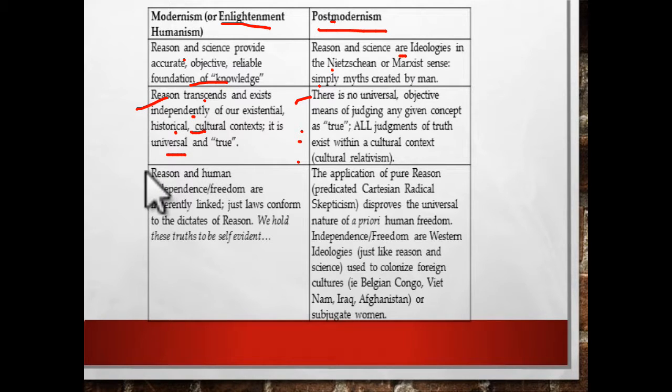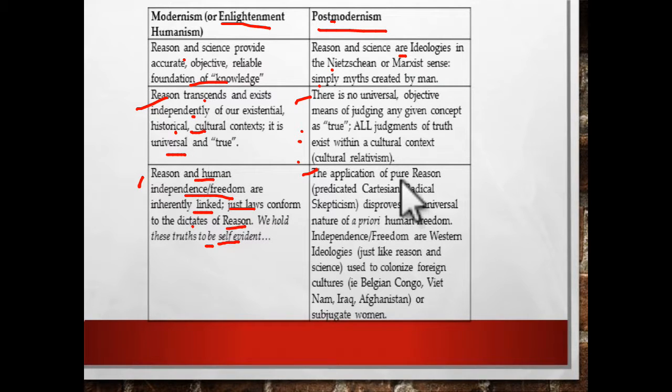Cultural relativism. Human reason and human independence and freedom are inherently linked, with just laws conforming to the dictates of reason. We hold these truths to be self-evident.